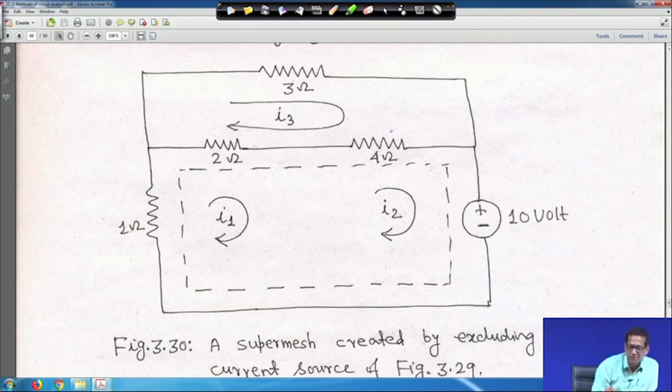If I move like this, it will be 2 into (I1 minus I3), because the resultant is in this direction, and here it will be I2 minus I3. So, 2 into (I1 minus I3) plus 4 into (I2 minus I3) plus 10, and if you come like this, plus I1 into 1 is equal to 0. Let me clear it.